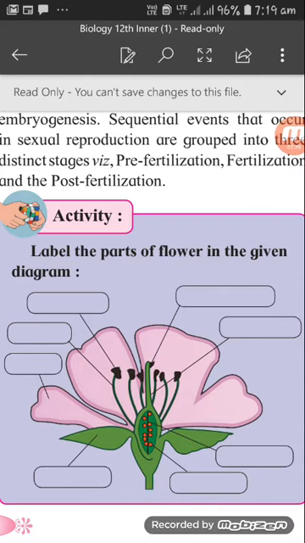Now, there is an activity to label the parts of flower in the given diagram. I give you 3 minutes time. Label the parts of the flower in the given diagram.